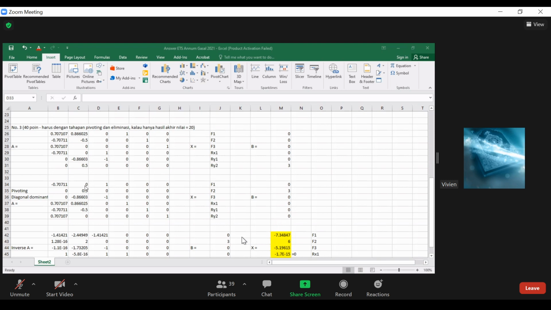For example, at the second column here, 0.5 might not be the maximum value. We have 0.866 here, which is larger than 0.5. But when we want to make the matrix diagonally dominant, we also have to consider the other rows.